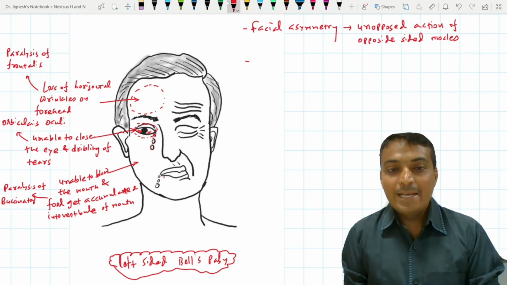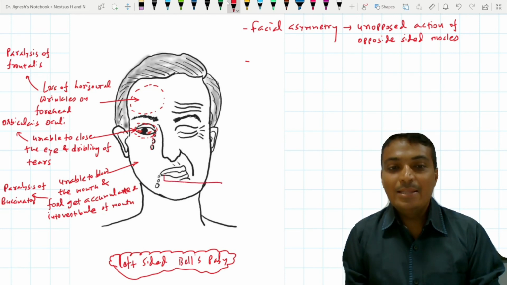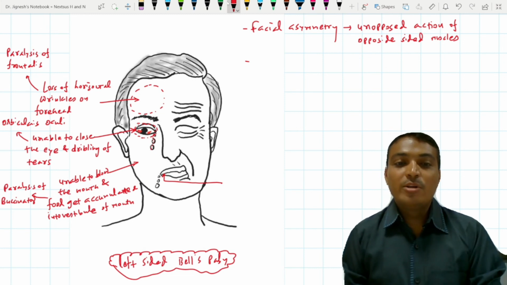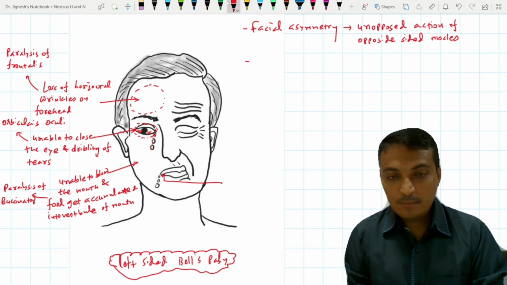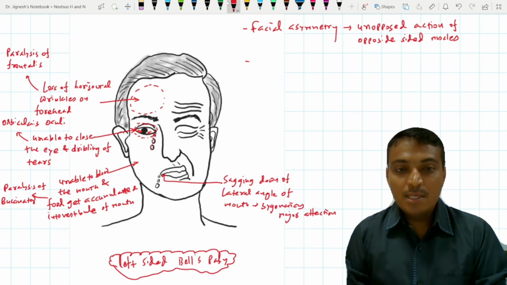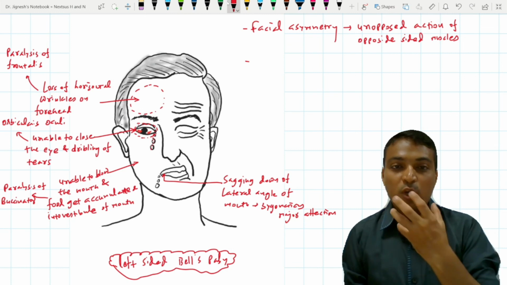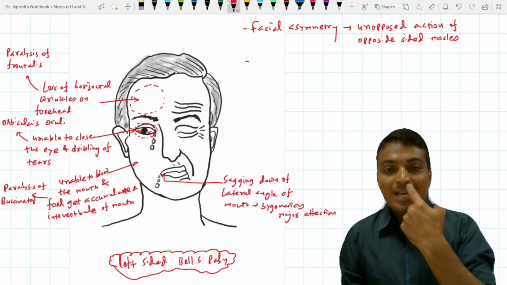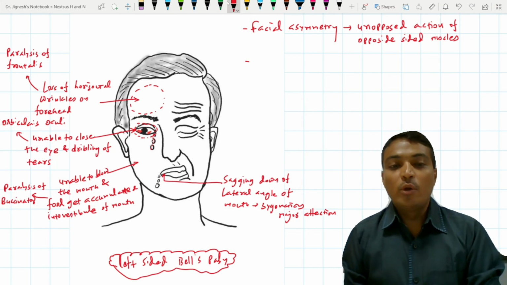The angle of the mouth is sagging down on the affected side, and that is because of paralysis of the zygomaticus major muscle. There is dribbling of saliva on the affected side, because of the inability to close the mouth due to paralysis of the orbicularis oris muscle.